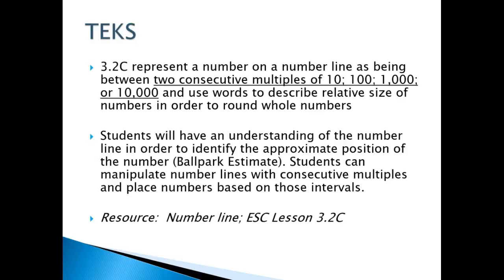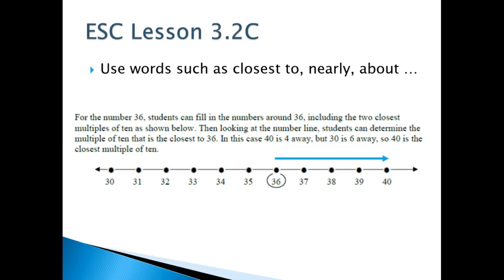So here the kids are supposed to describe the relative size of the numbers in order to round whole numbers, a brand new concept. So if you can have the kids start estimating, kind of rounding, we kind of did that with time, where AM and PM, was it closer to the hour or half hour in first grade. So now we get to do it with numbers using a number line.